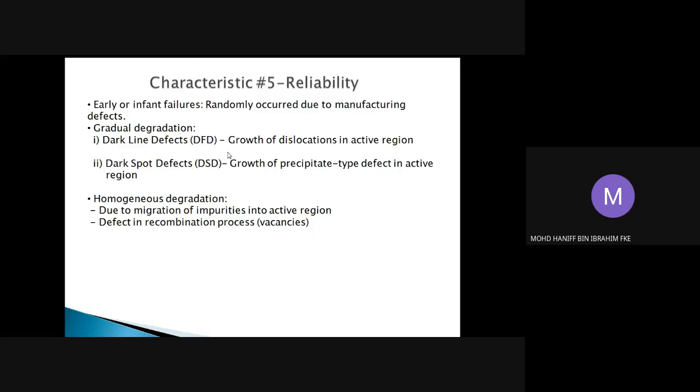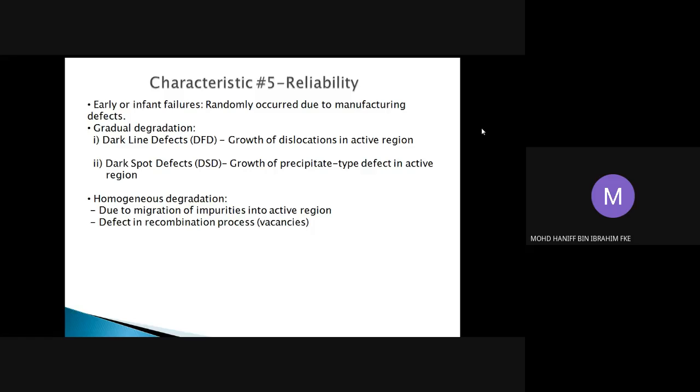For the dark line defects, we have a growth of dislocation in the active region. We know that the active region is the place where the recombination process occurs. So when we have a growth of dislocation, there should be a reduction in the recombination process, and as such, a reduction of light produced.